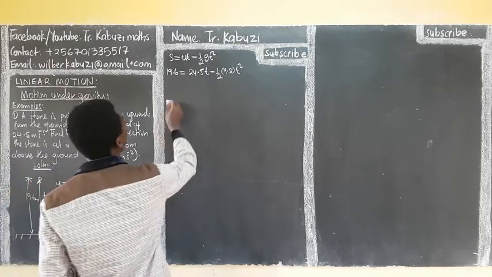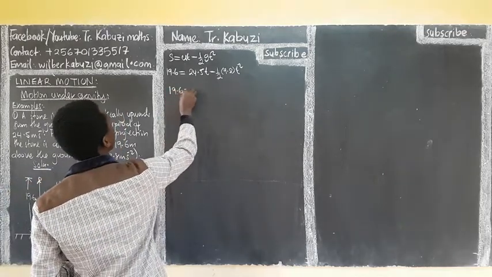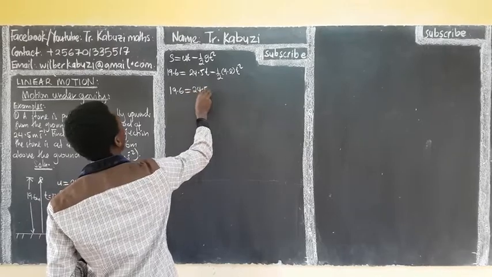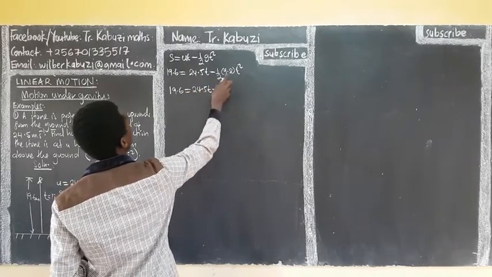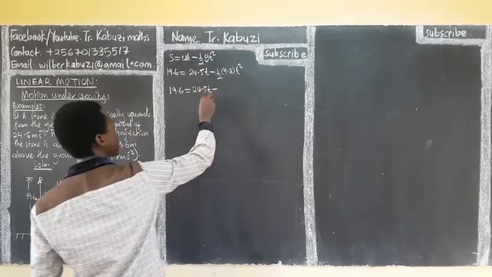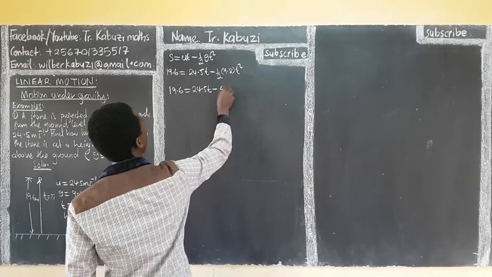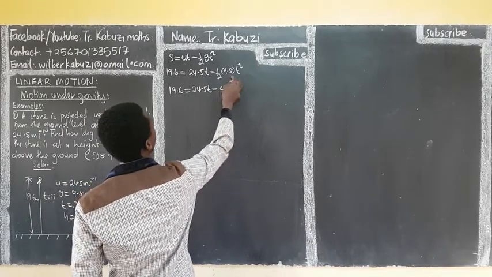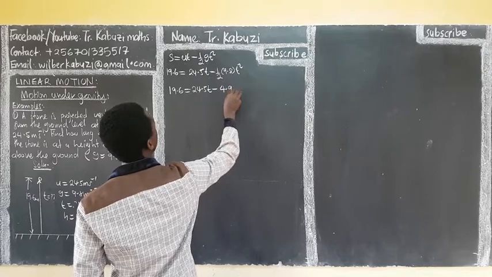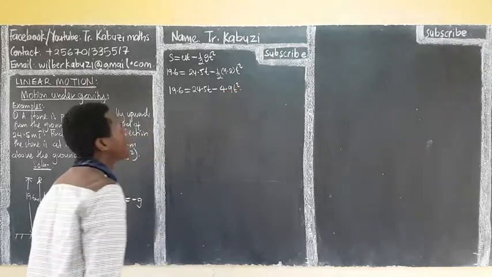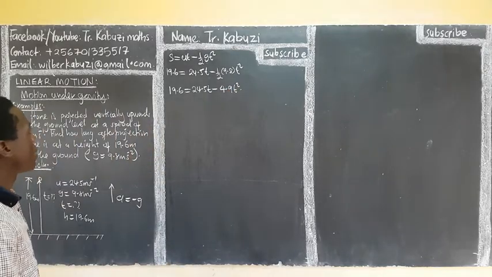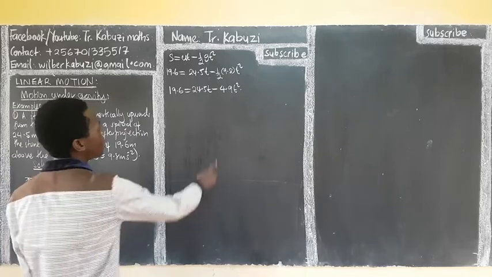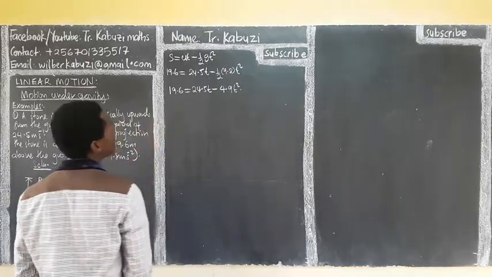You can simplify this as 19.6 equaling 24.5t, then minus half of 9.8, which gives us 4.9 t squared.